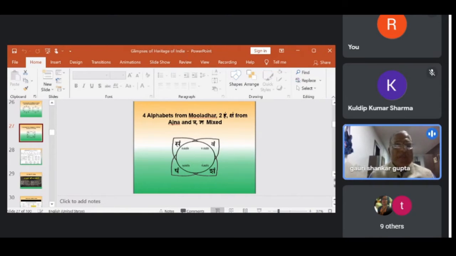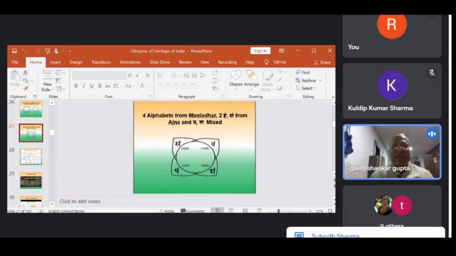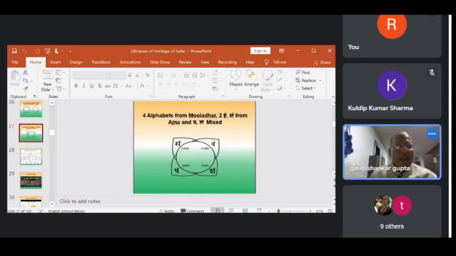And there are 2 mixed consonants in our alphabet, Tre and Ge. So these are 36 consonants and the 12 vowels.